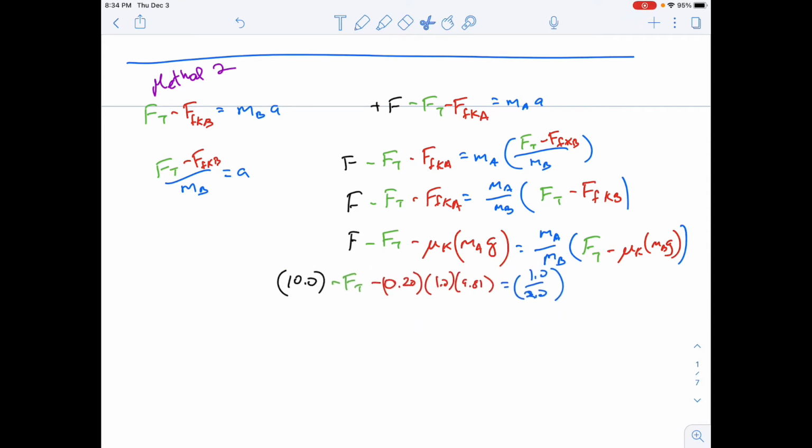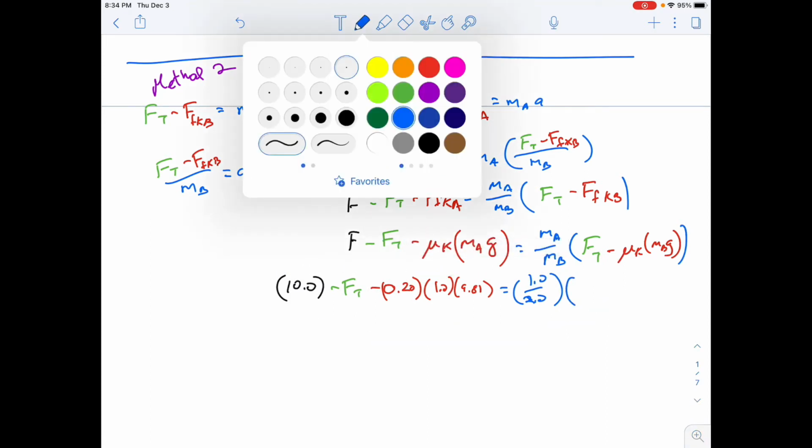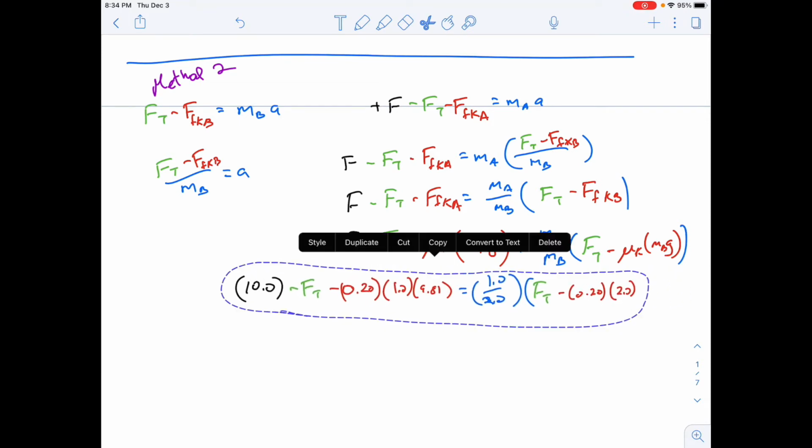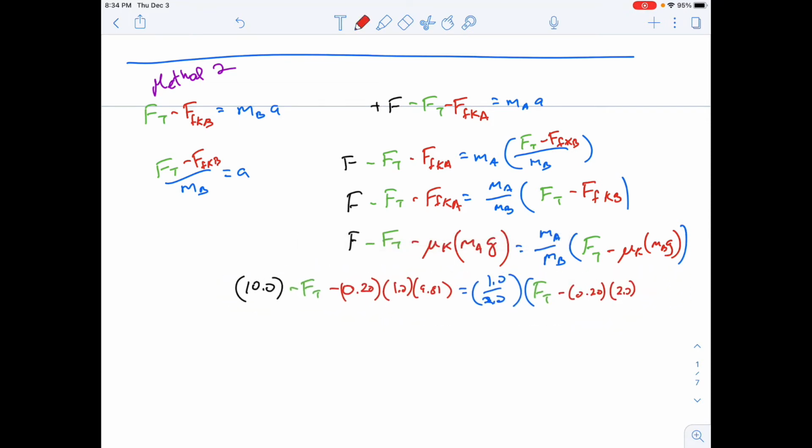And I'm running out of room, so I'm going to take all this and scooch it over a little bit more. Ft minus 0.20, 2.0. Wow, still running out of room. 9.81.